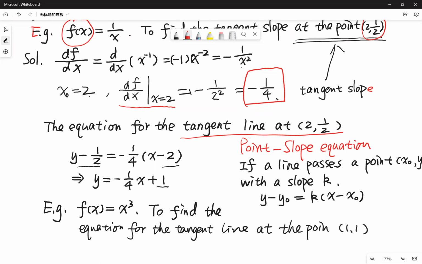It's maybe 3x minus 2. The answer is 3x minus 2. Am I right, Lakshmi? Yeah, Lakshmi, I got it. Okay.